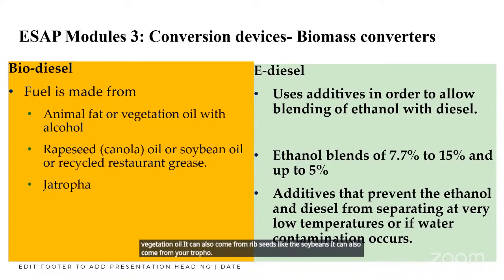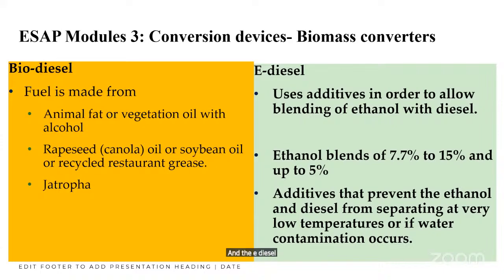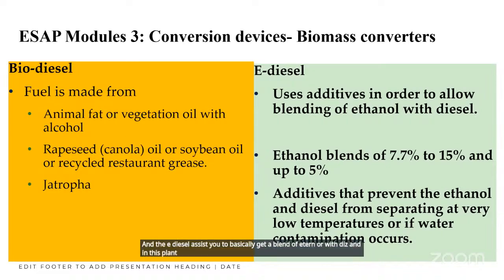And the e-diesel assists you to get a blend of ethanol with diesel. In this blend, you have a ratio of 7.7 or 15%, and sometimes it goes up to 5%.